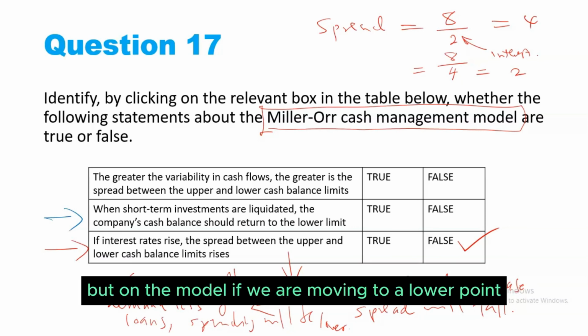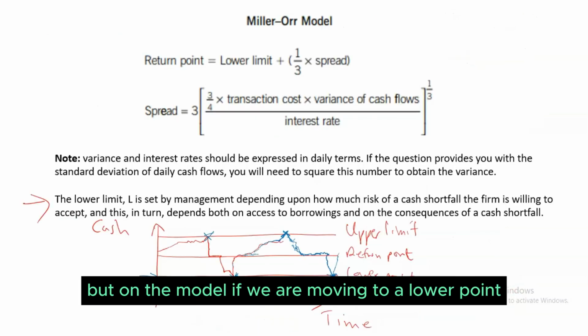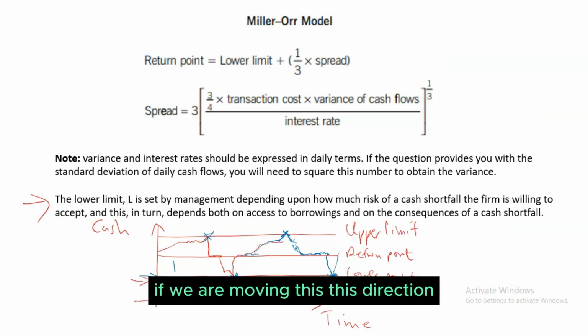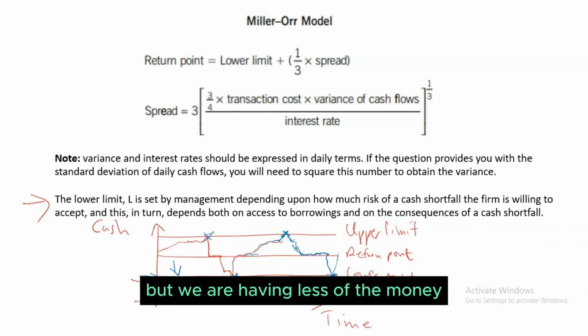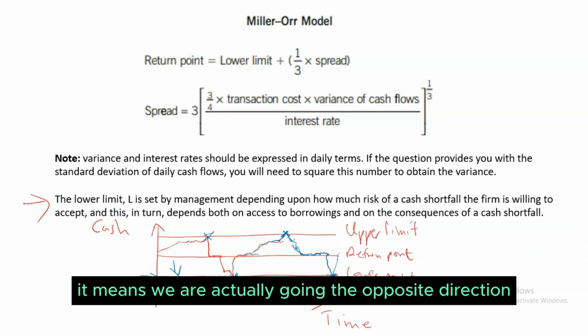But on the model, if we are moving to a lower point, in this direction, it means we are not having more money, but less of the money. Are we together?